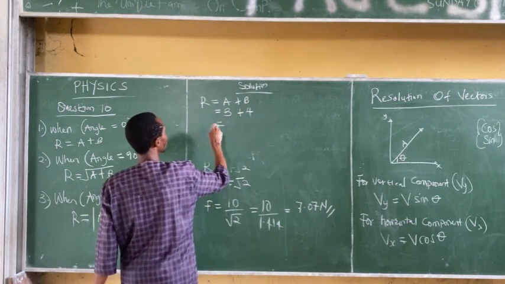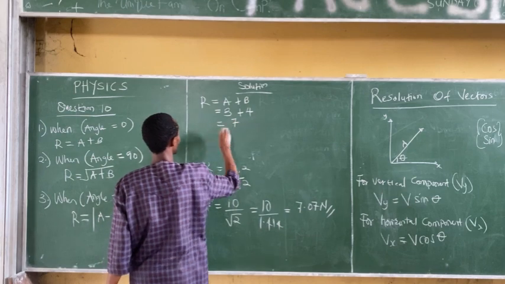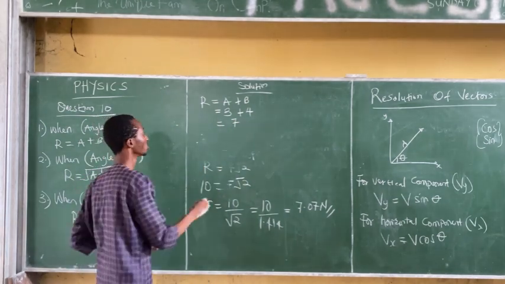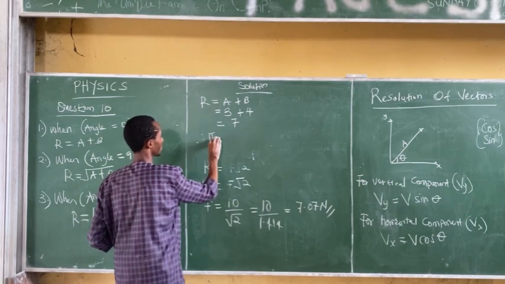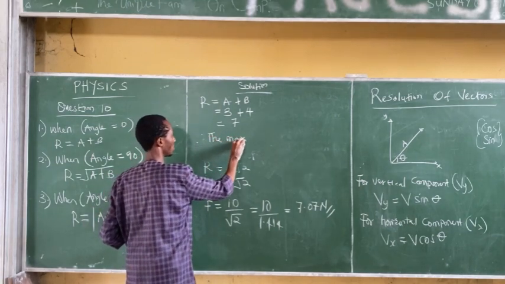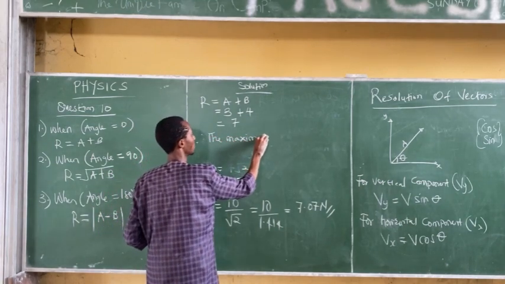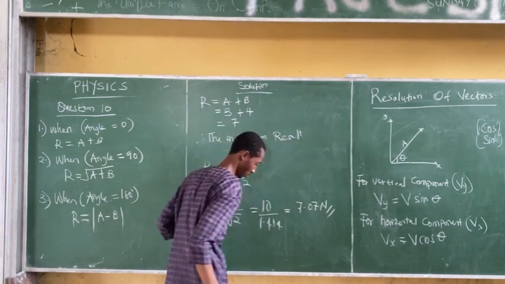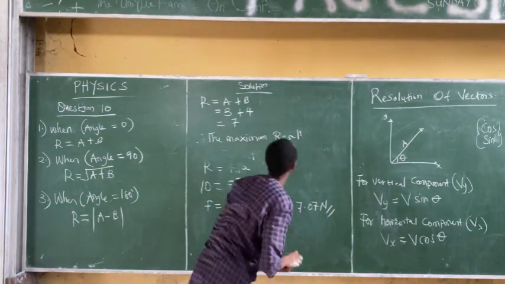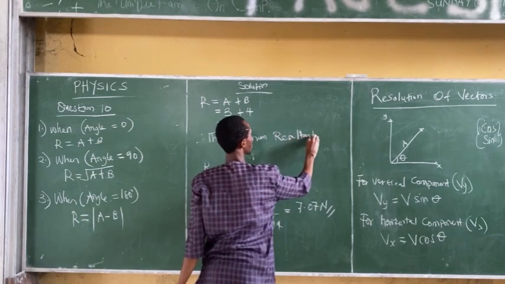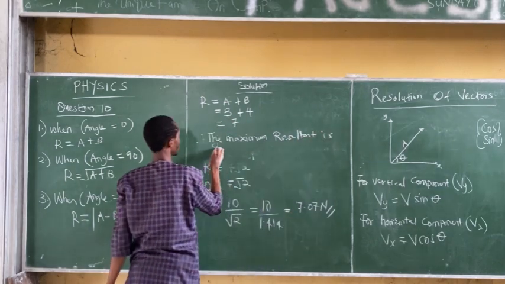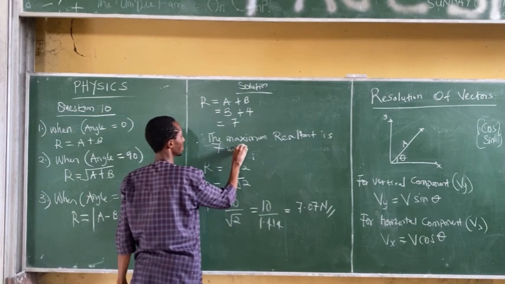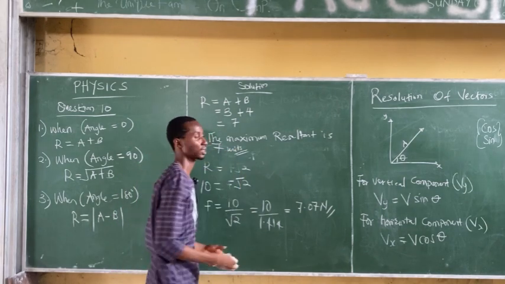When you add both of them together, you have 7. Therefore, the maximum resultant is 7 units. That is our final answer.